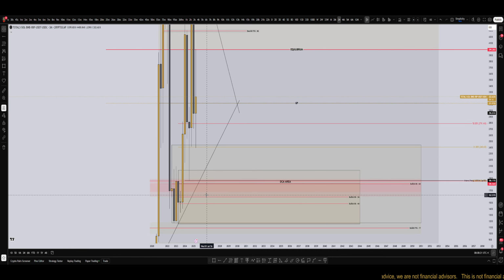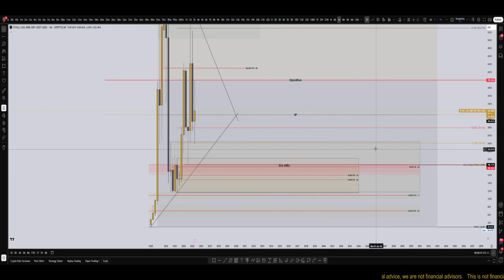You can see that by adding all these zones, I now understand that there is a very good likelihood of reaching inside of this region, yes, but more like in the middle of this range, okay? And that is because of all the confluences that we have been getting. It can be very perfect at times. Sometimes it's not super perfect, but trust me, you will be outperforming a lot of people when it comes to trading by using this method.